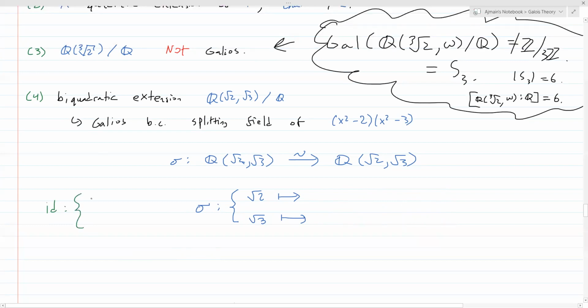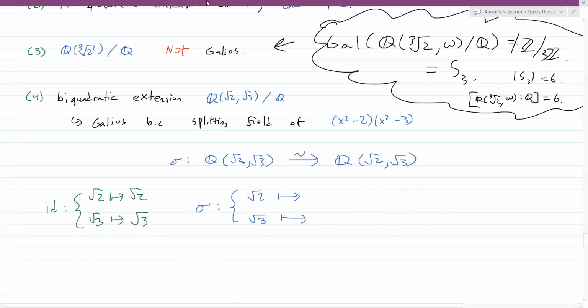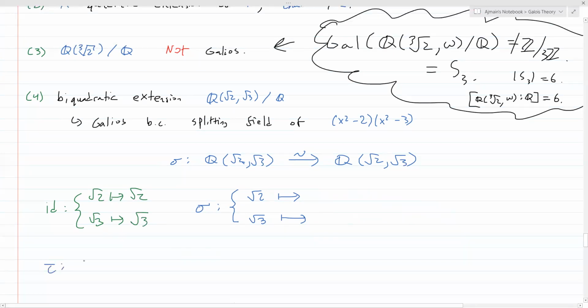This choice gives us the identity. This choice sends square root of 2 to square root of 2, and square root of 3 to minus square root of 3. Call this choice tau.